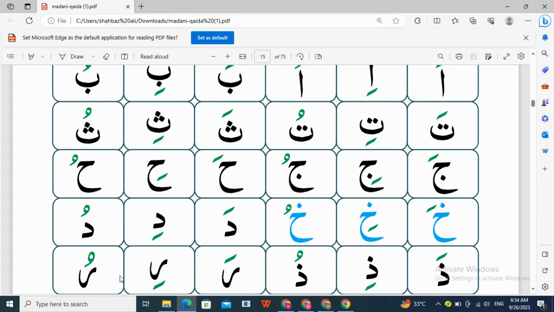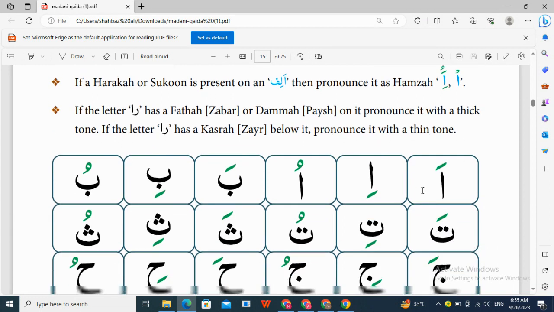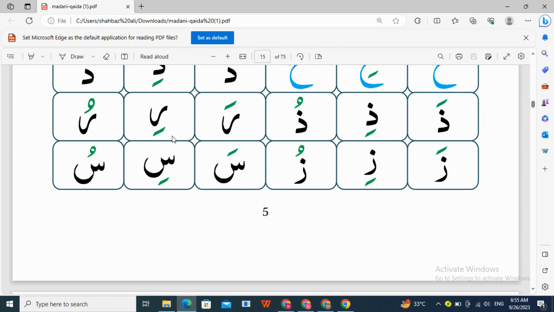In the other case, if the letter ra has a kasra, which means zer below it, then pronounce ra with a thin tone, just like ri. Okay.